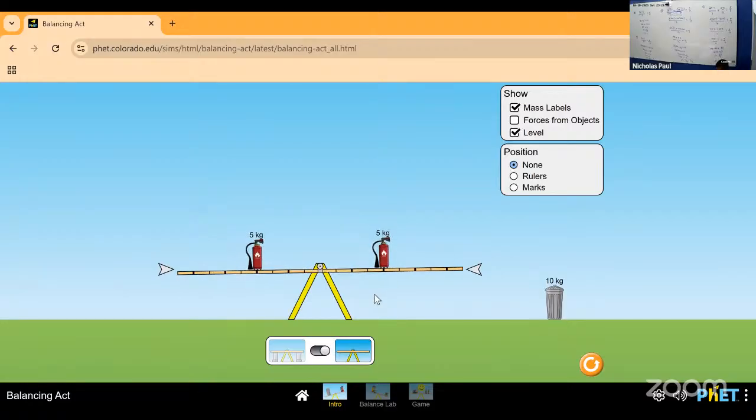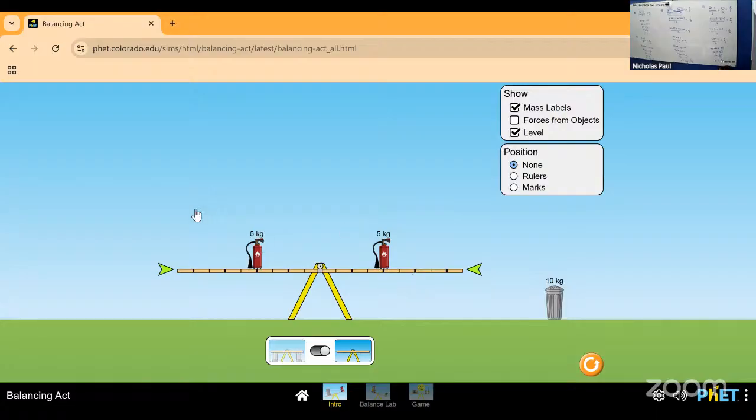What do they have in common? Same distance from the pivot, same weight. The word we learned today: they have the same moment. How do you find moment again? Moment is the force times the distance from the pivot. So these two objects have the same moment.